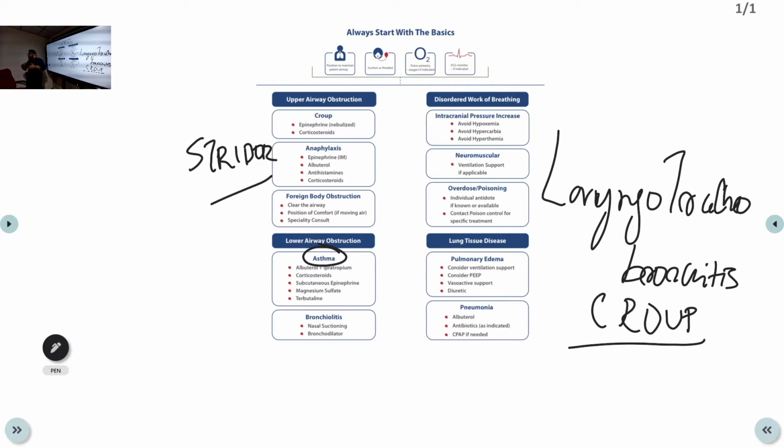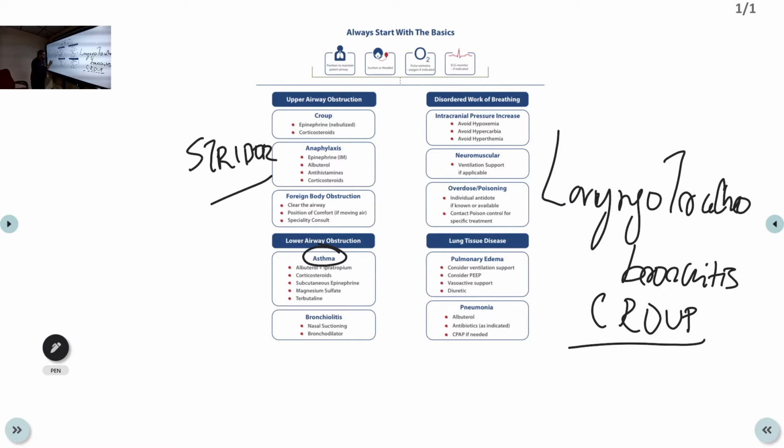The mothers will say there is something in the chest that is not coming out, I am hearing some gurgling sound inside the chest, but the child is having some breathing difficulty. Again, it is a viral infection. Bronchiolitis is a viral infection. The only thing that is going to help you is suctioning out the secretions and maybe a bronchodilator if there is wheeze. Otherwise, there is no role for any antibiotics or any steroids.